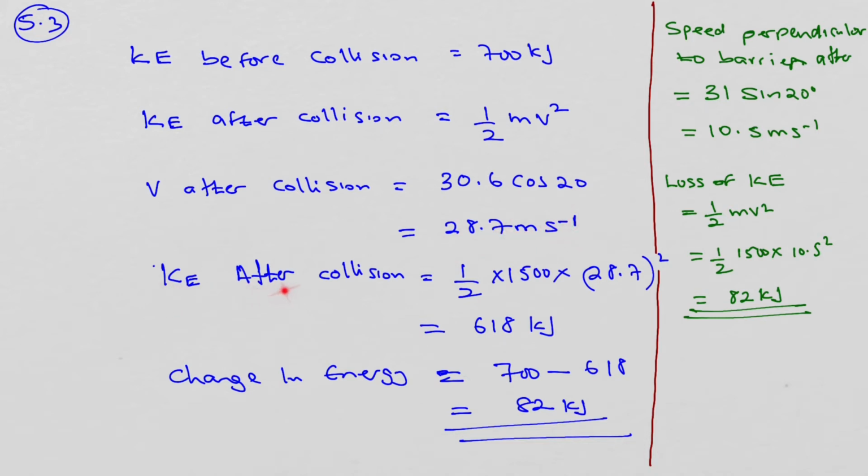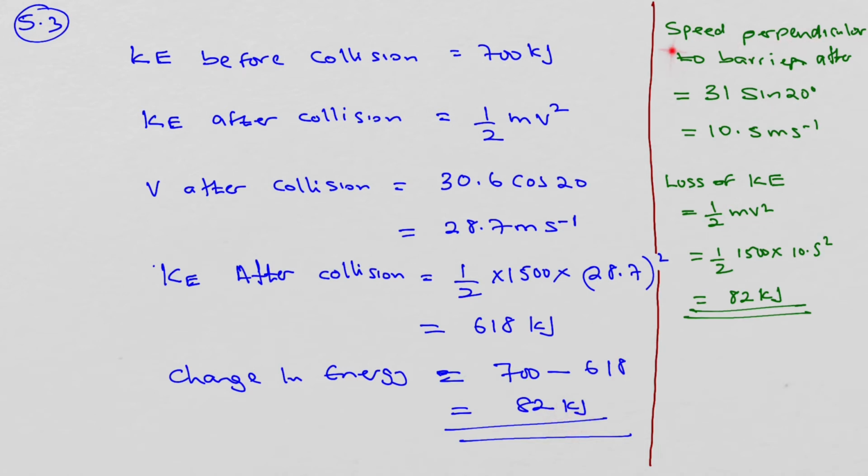Kinetic energy after collision is a half mv squared, where m is 1500, and that will give us 618 kilojoules. The change in energy will be 700 minus 618, and that will give you 82 kilojoules.